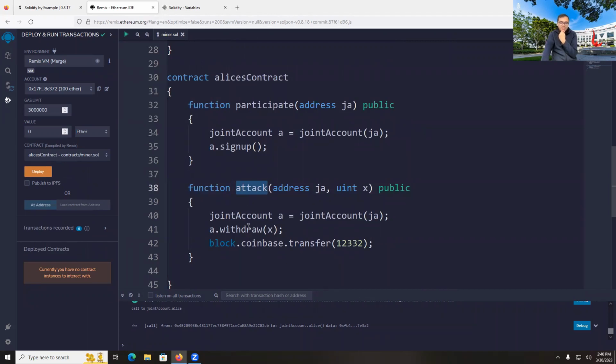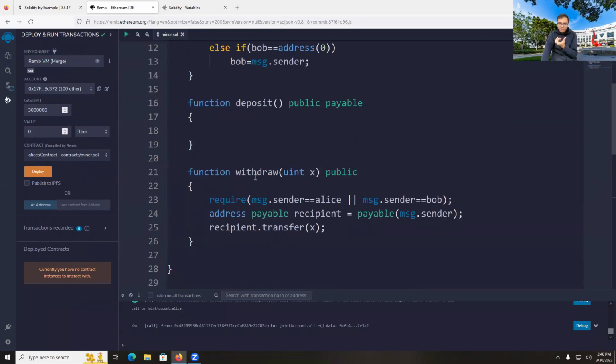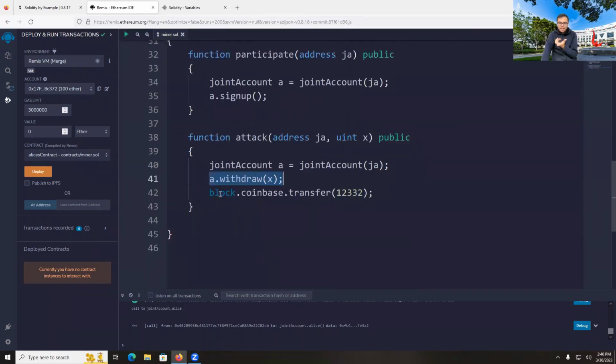Now, the difference here is that this is just a single transaction. This is a single function call that calls the withdraw here and then tries to pay some amount of money to the miner. So it's doing the bribing and withdrawal at the same time.